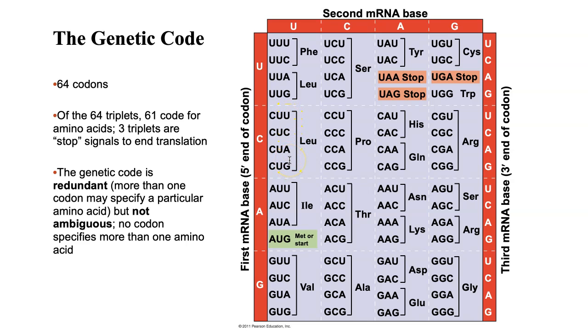In fact, any of the 4 nucleotides could bind in this 3rd position and would still give you leucine. We see that for a lot of them. We have threonine, alanine, valine, right? The 3rd position is different, but the first and second are the same. So wobble wouldn't really affect this at all.